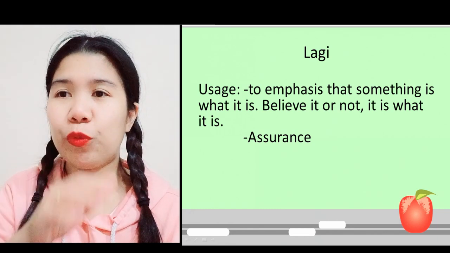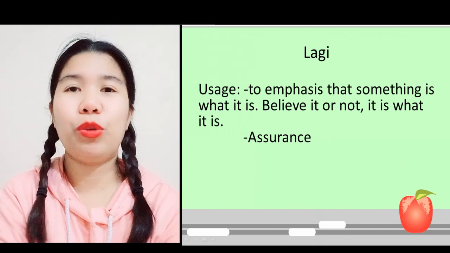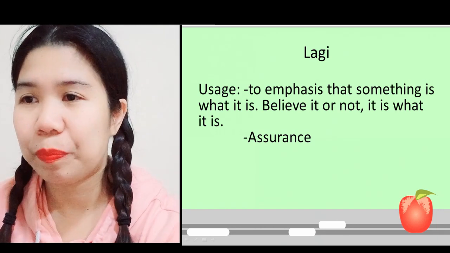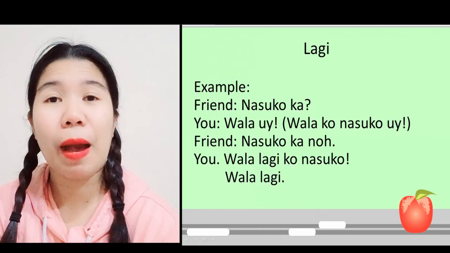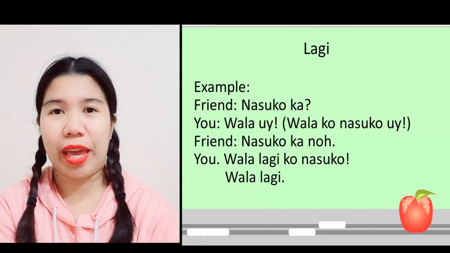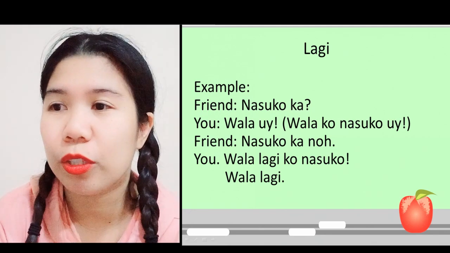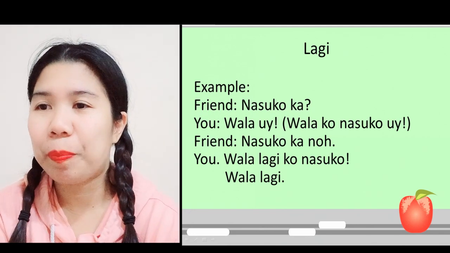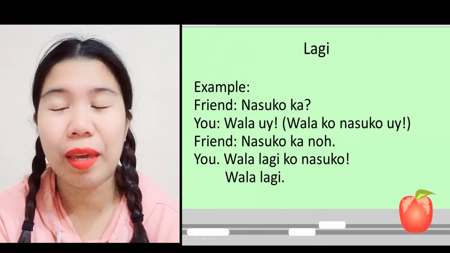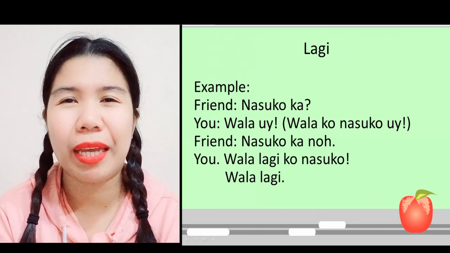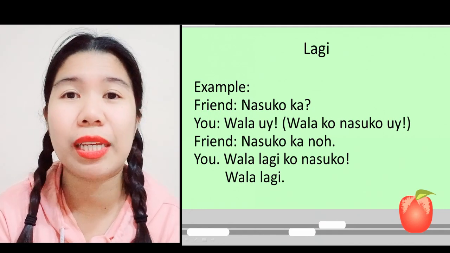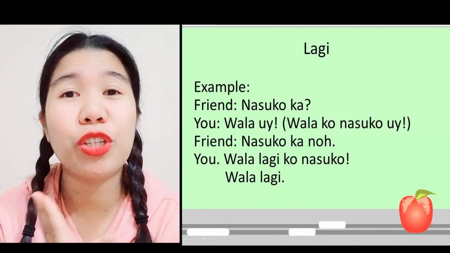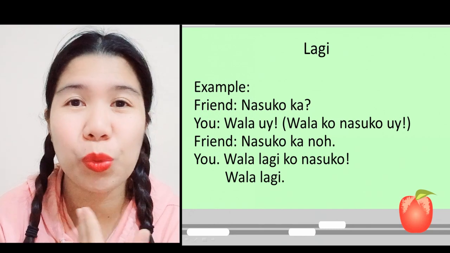So to further understand how to use lagi on sentences, let's have a situation here. For example, you and your friend, you are talking, and maybe something happened between the two of you. Maybe you're playing, and a certain conflict happened. So your friend noticed that your expression changed from pleasant to unpleasant.